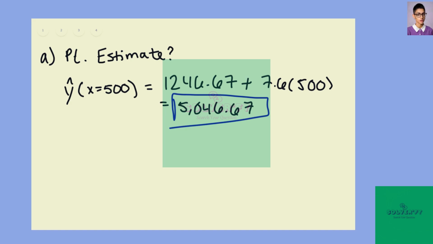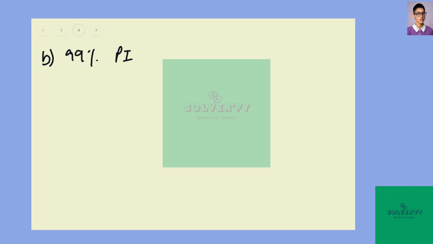And now we are asked to come up with a 99% prediction interval. A prediction interval is equal to the point estimate y hat star plus or minus t at alpha over 2 times the standard deviation of the independent value.